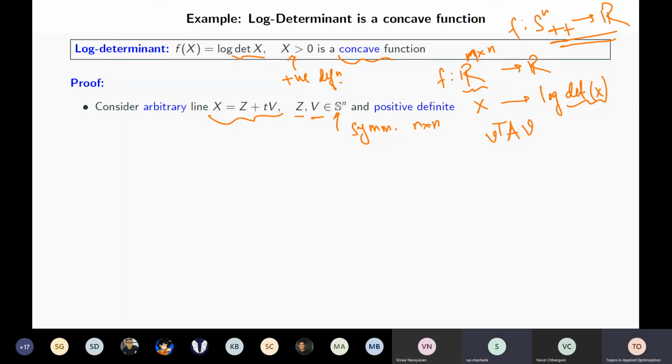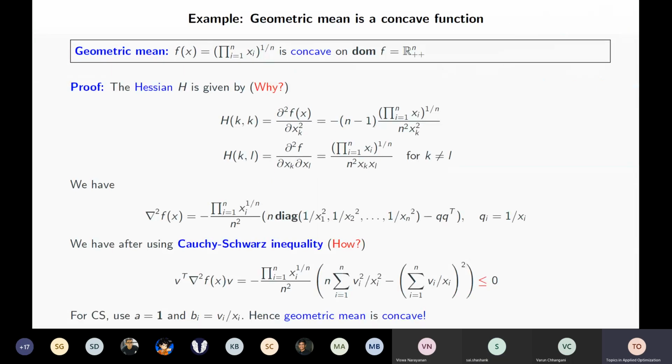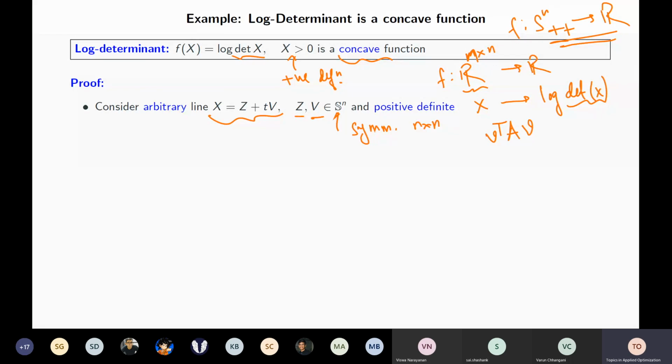Sir, you just now said half of V transpose A minus A transpose V is 0, right? What is the reason? The reason was simple. So this is V transpose, and then half we take outside.